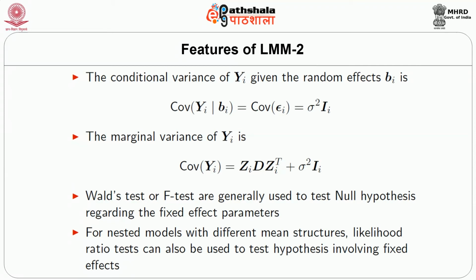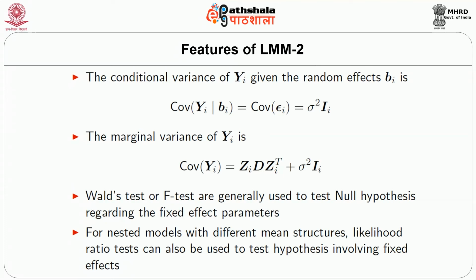So that is the covariance of epsilon i, which here is sigma squared I. But the covariance of yi, the unconditional or marginal variance of yi, is zi D zi transpose plus sigma squared I. Now if we are to test a null hypothesis regarding the fixed effect parameters, that is the betas, we can employ an F test.